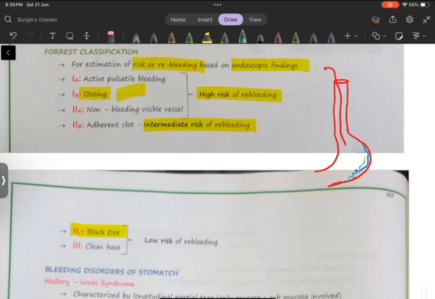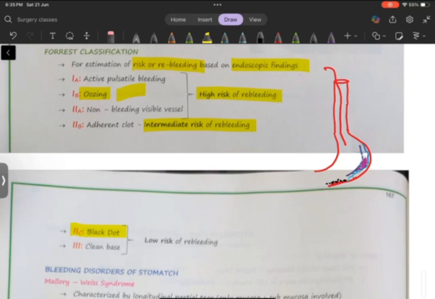And if there is a clot present within the vessel, it is intermittent risk, because you never know when a clot will get lysed and again start bleeding. So if there is an adherent clot, it is intermittent risk of bleeding. If there is just a black dot visible while doing endoscopy, this is classified as 2C.